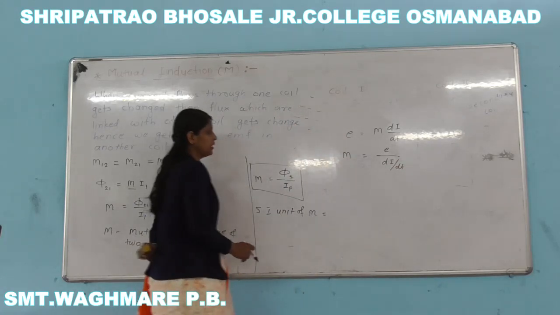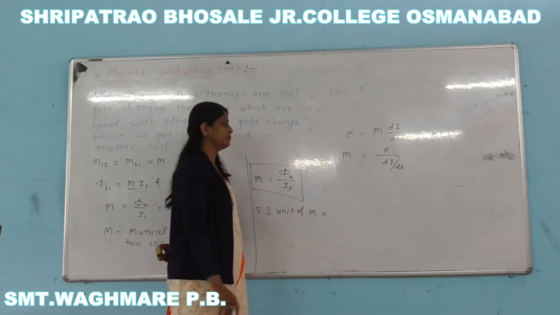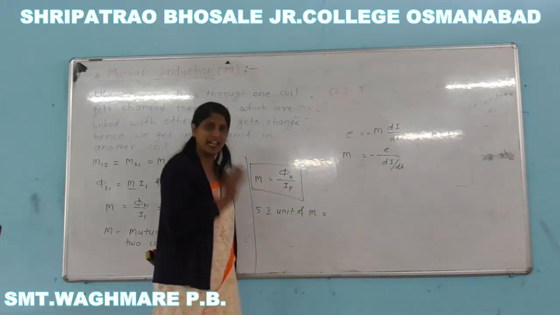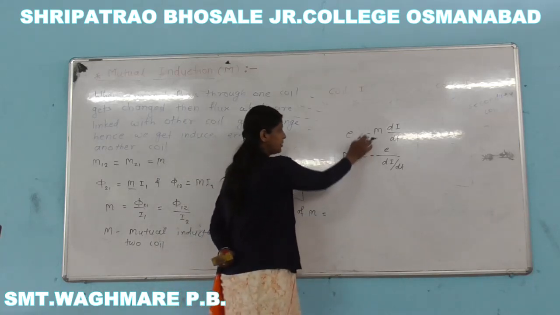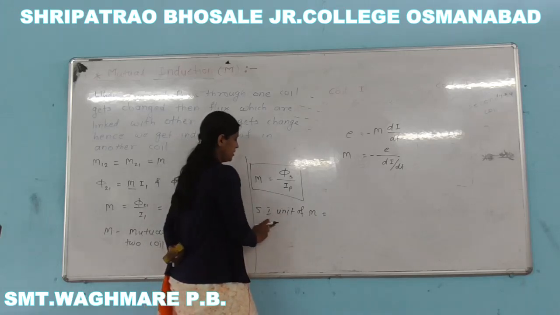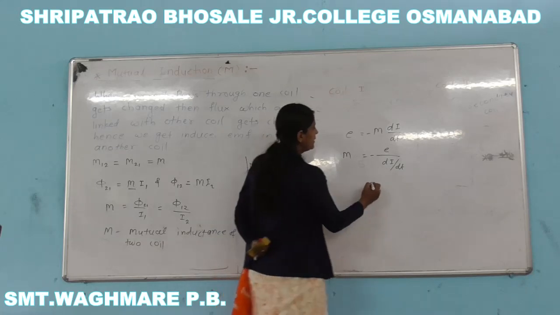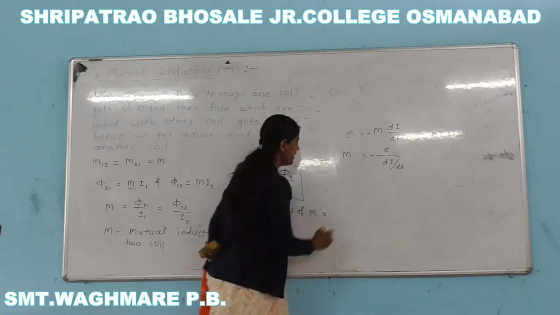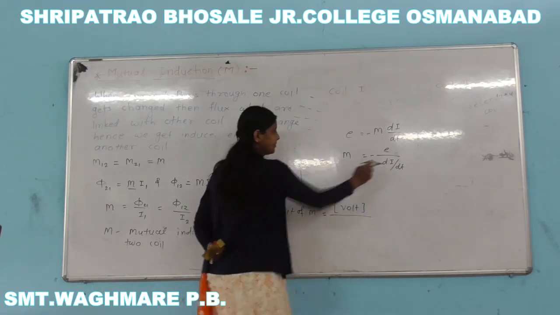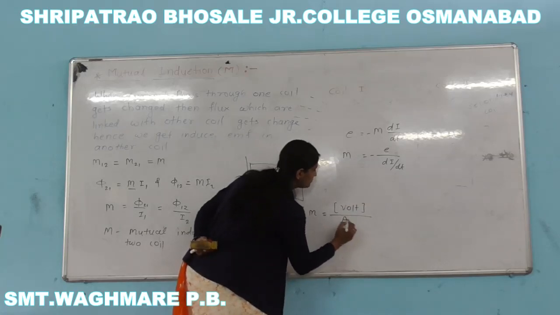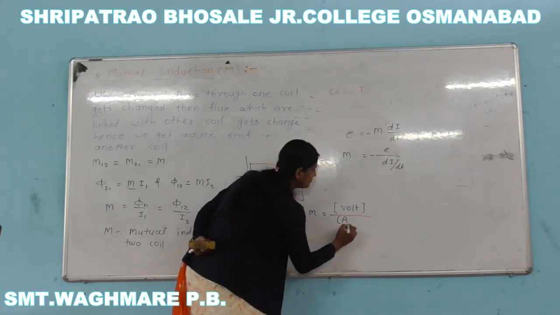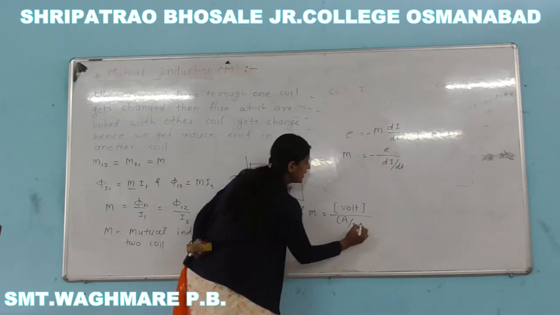When we are going to find out the unit of M, we may consider the sign of negative, or it may not be considered. Therefore, the SI unit of M will be equal to the unit of EMF, volt, and the unit of current is ampere, upon the unit of time, second.